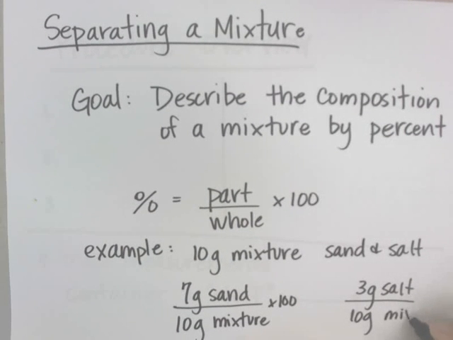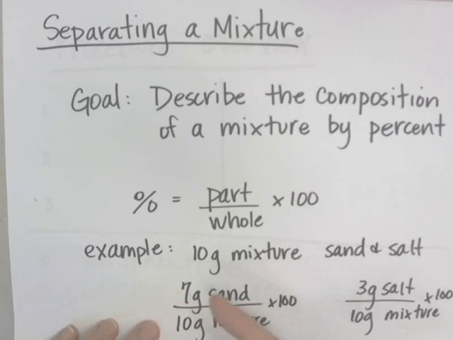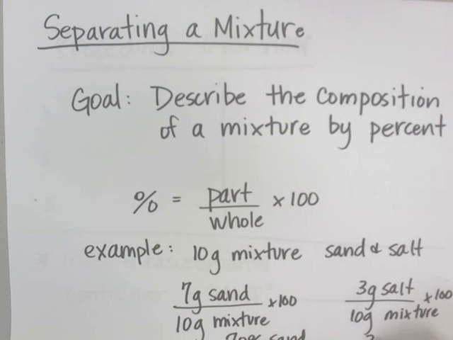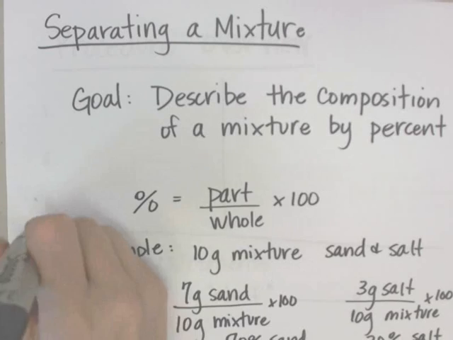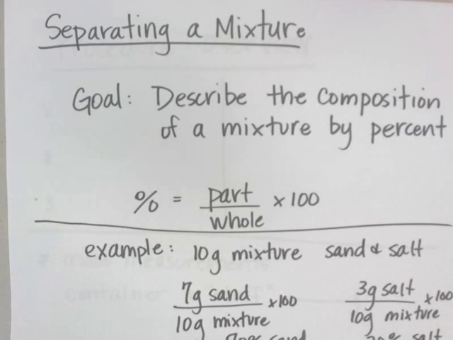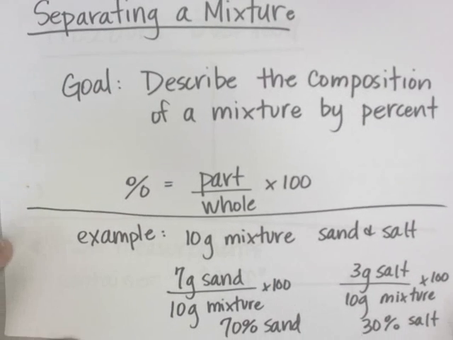And so that's basically what we're going to do in the lab. This mixture would, of course, be 70% sand and 30% salt. So this is just an example of the type of thing that we're going to do.